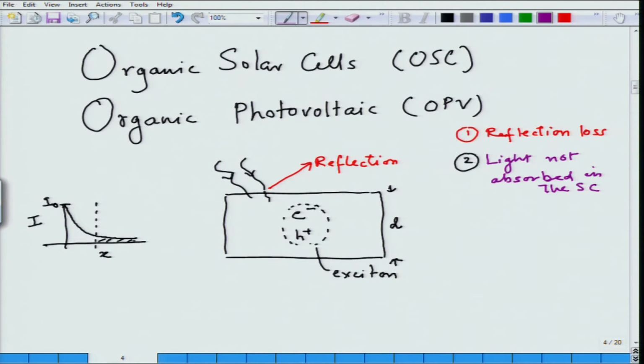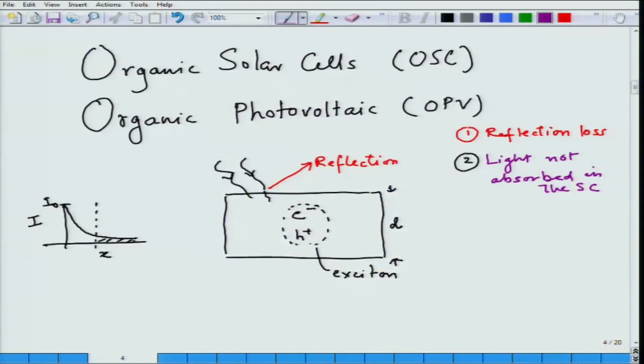And so, we are now left with that part of the light which is successful in creating an exciton. Now, this exciton is a neutral species. It has one electron and one hole, and in order to collect the electrons and holes at the two electrodes, we have to have dissociation of this exciton.